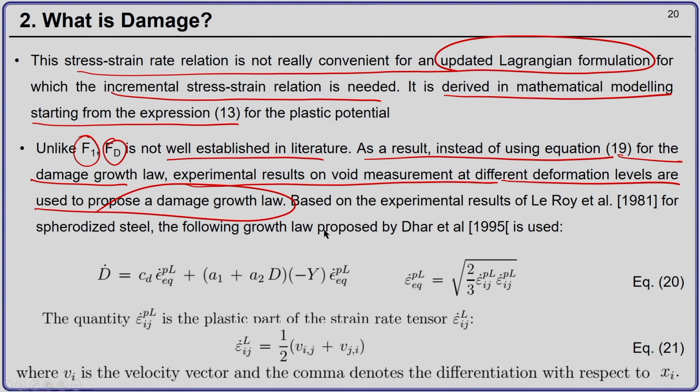For example, in the discussion that we have, we use the experimental results of Leroy et al. for the spheroidized steel AISI 1015, 1030 and 1045.